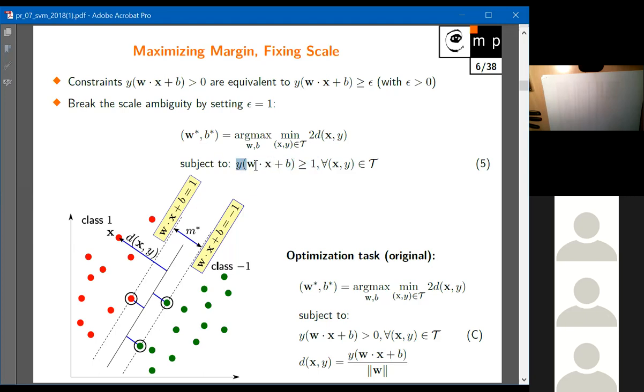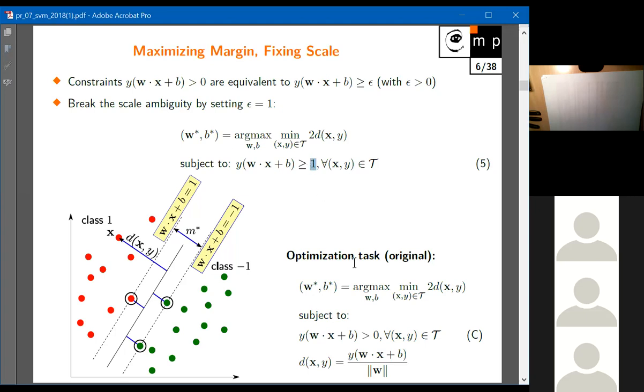If this thing is only 0.01, I multiply by 100 and I satisfy this inequality. So by rescaling w and b, I can satisfy this inequality, and it's exactly the same thing as 0 on the right side, because I can rescale. That was the redundancy, and I fix this redundancy in the scaling factor by fixing this number 1.